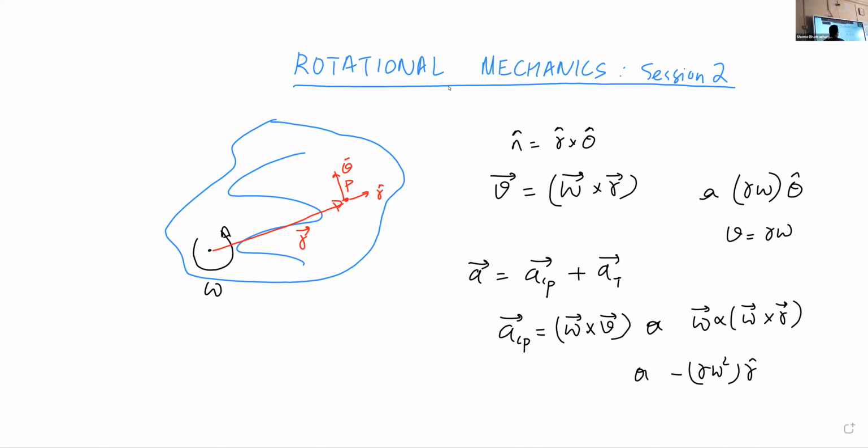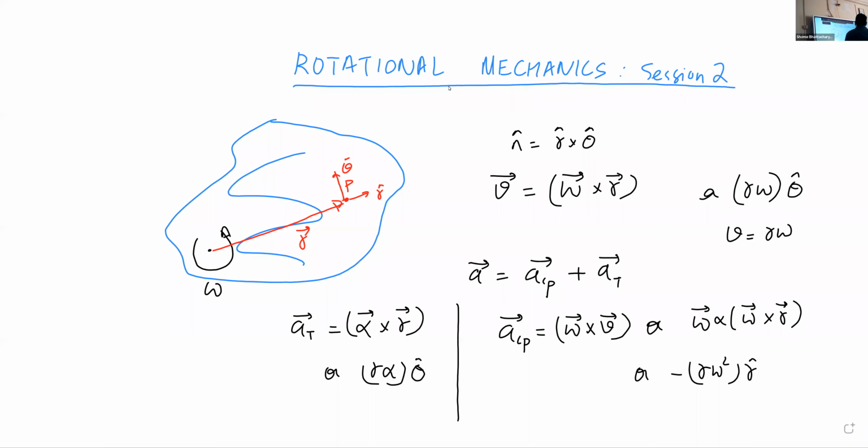Whereas the tangential acceleration is given by alpha cross R, or R alpha theta cap. All these cross product relations can be understood by just using the circularity: R cap cross theta cap is n cap, so R cap can be written as theta cap cross n cap, and theta cap can be written as n cap cross R cap, and all that.